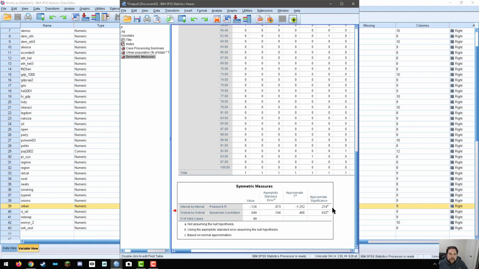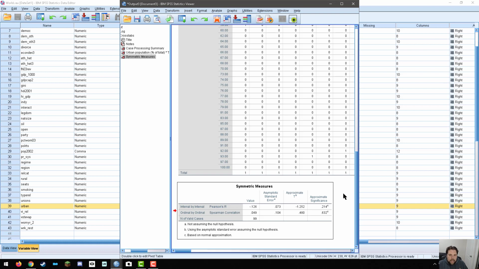Okay, so in each of these instances, we're looking at the right, and usually the top right, if not the second from the top, to make our determination of what our p-value ultimately is, and how we come to a conclusion about whether there's a statistically significant relationship between the variables that we're examining.